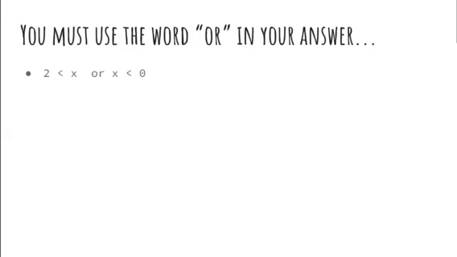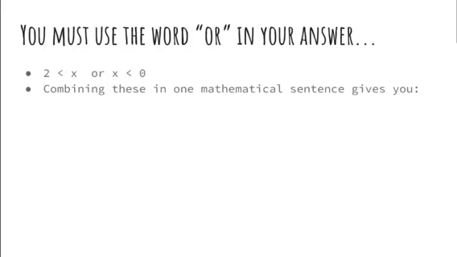If you wanted to make that a sandwich inequality, or just a mathematical sentence, you would say 2 is less than x, and x is less than 0. You could also flip that because typically your numbers go in numerical order. So you would flip that and you would get 0 is greater than x is greater than 2.